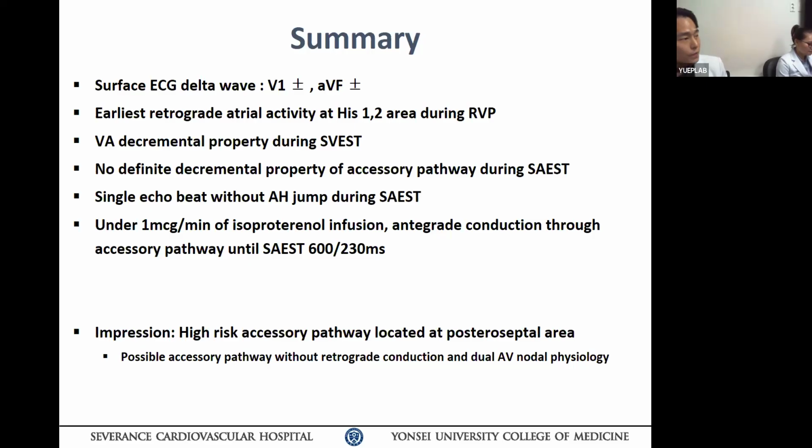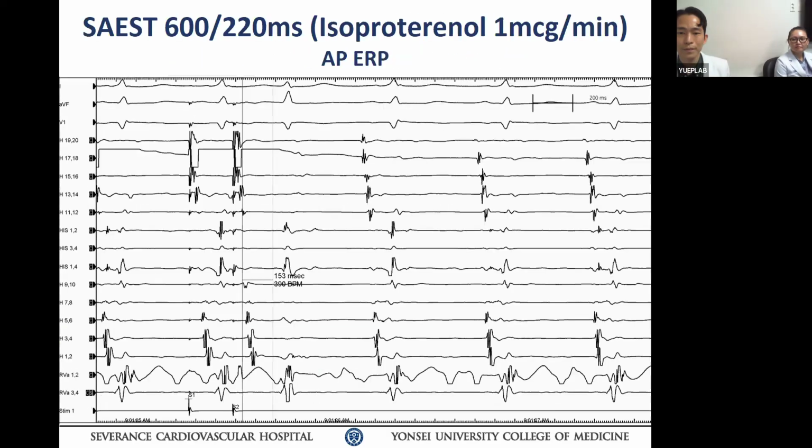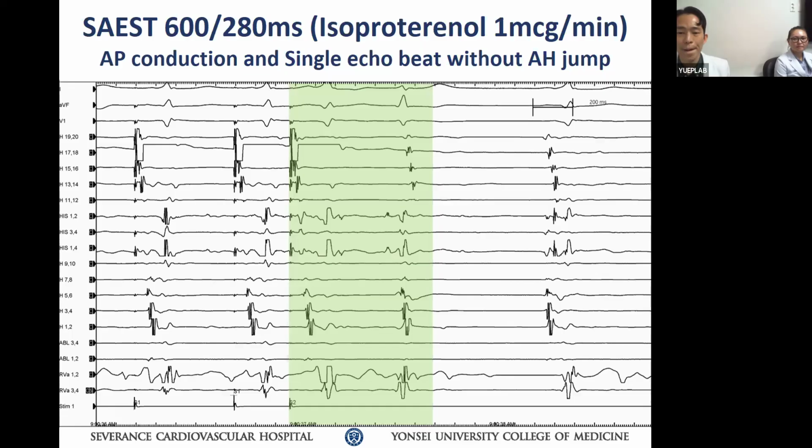So is it the single echo beat? Or back EGM? Which beat is conducted and which beat is echo beat?